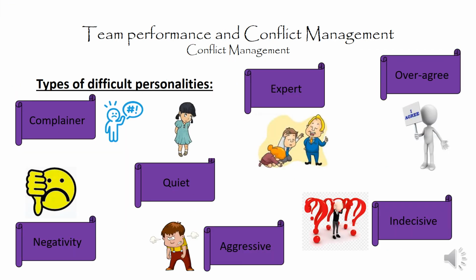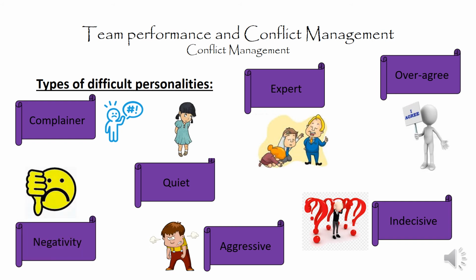Right, the last little thing that we're just going to look at quickly is how to deal with different personalities. Some people have difficult personalities. It's not always easy to get along with them. All right, the first one is the complainer. Then we have the person that over-agrees, always agreeing with everybody. Then we have the indecisive person that can't seem to make a decision ever.